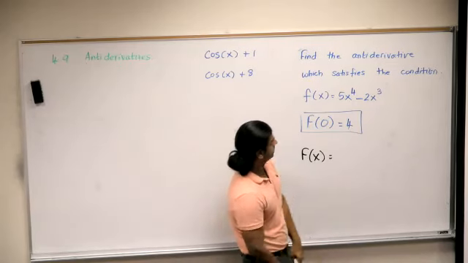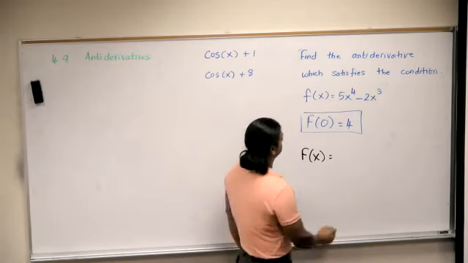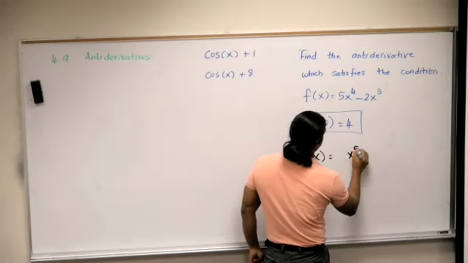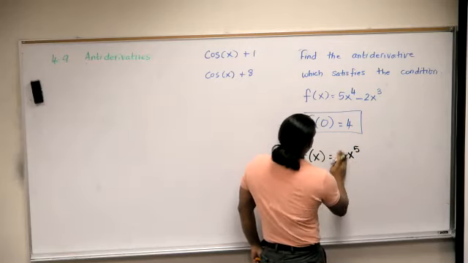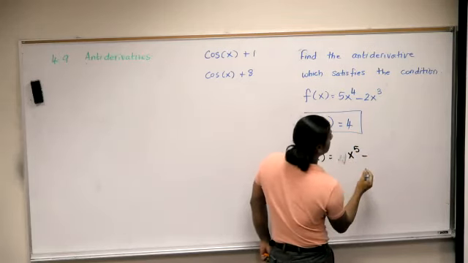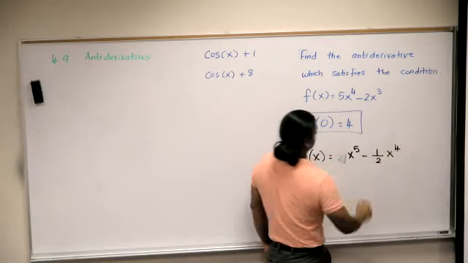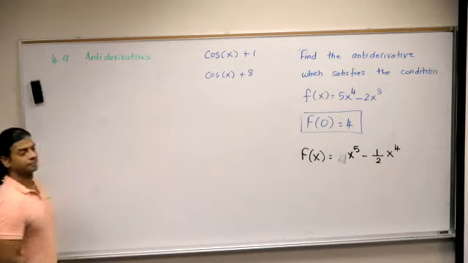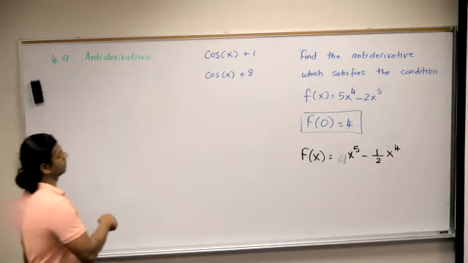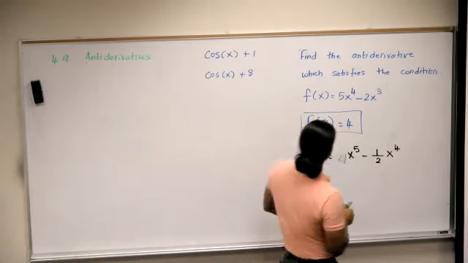What should go for? x to the fifth minus 1/2 x to the fourth. Plus 4.